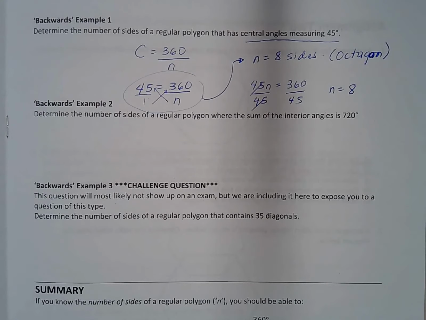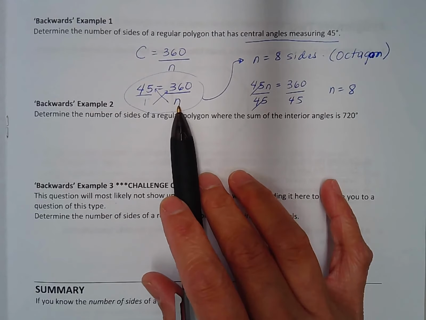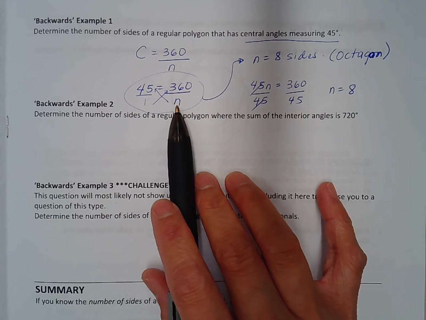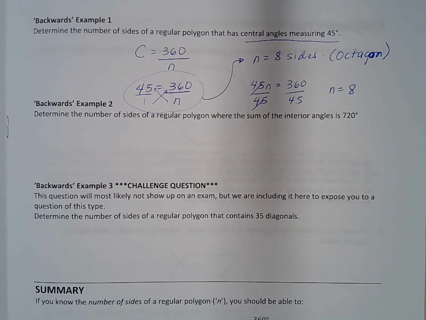A lot of people think that it's not a strategy, but it is, because we understand that n has to be a whole number. You can't have half a side. And n has to be 3 or more. Good?